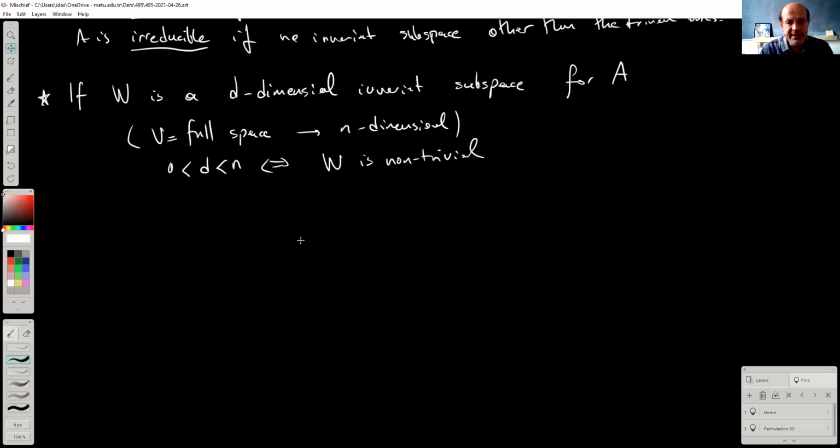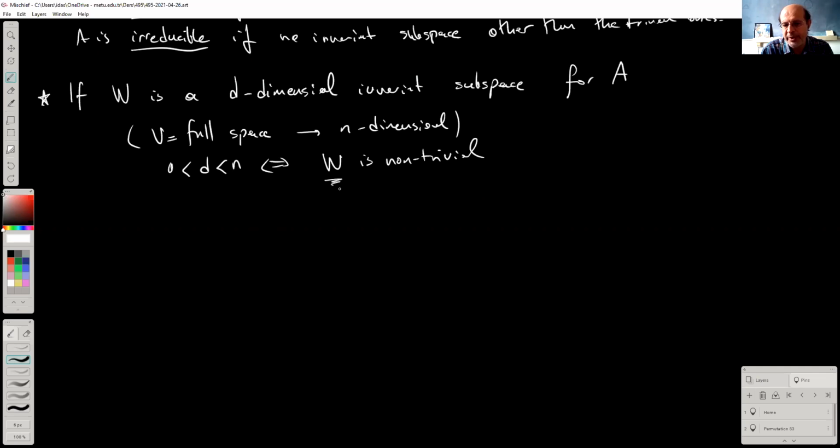Okay, what we do is this. I know that A is a representation. It's a set of matrices. But these matrices correspond to transformations for a particular basis, which is chosen arbitrarily.